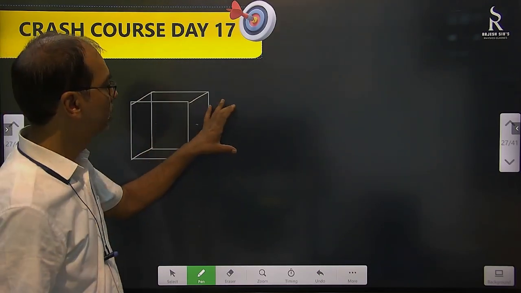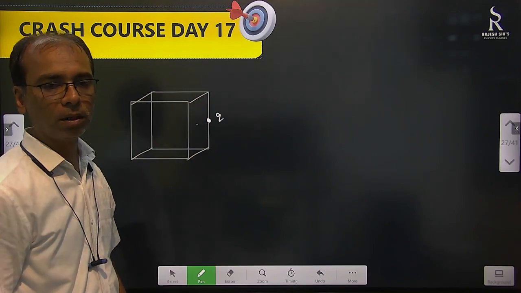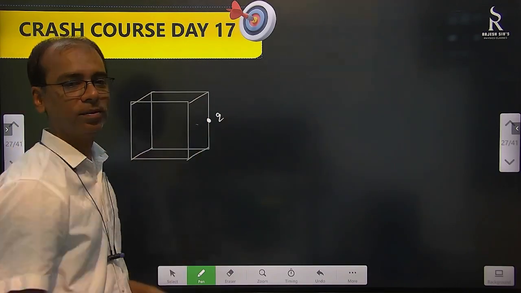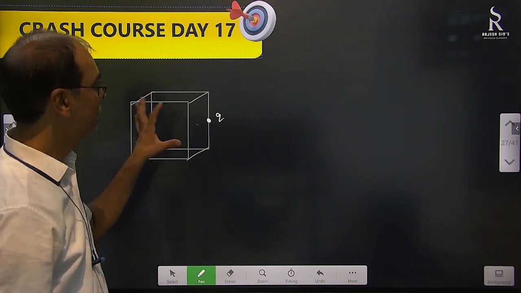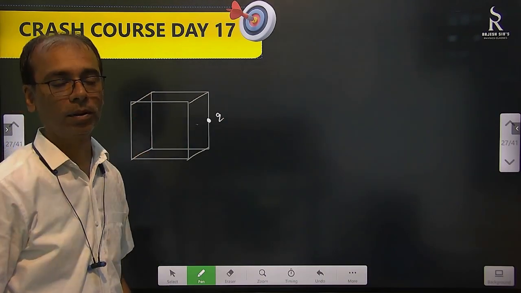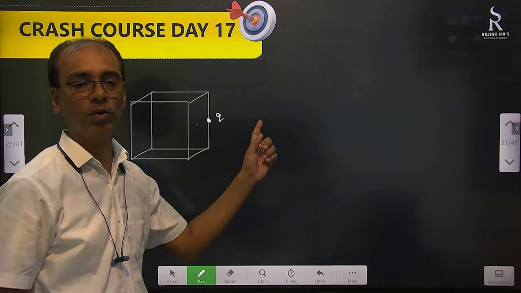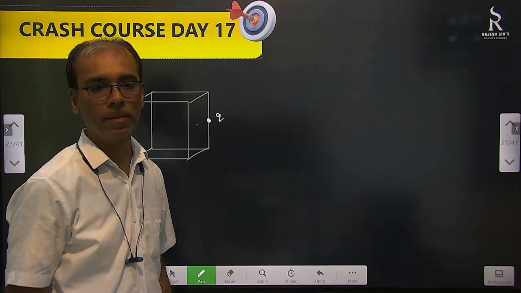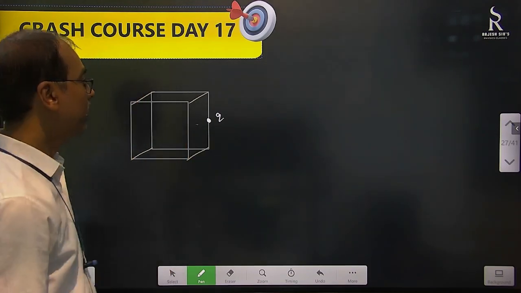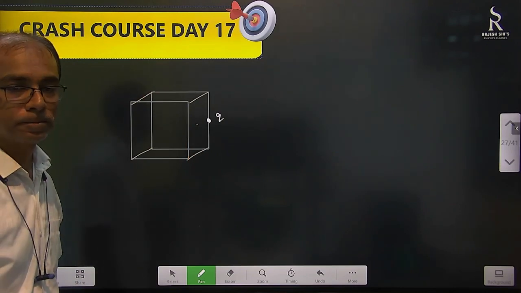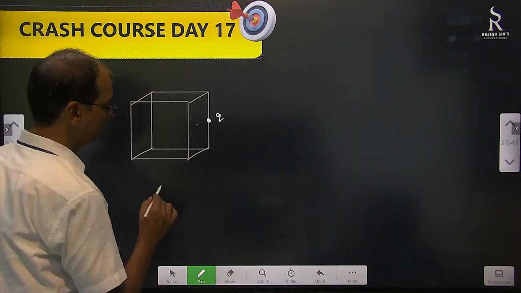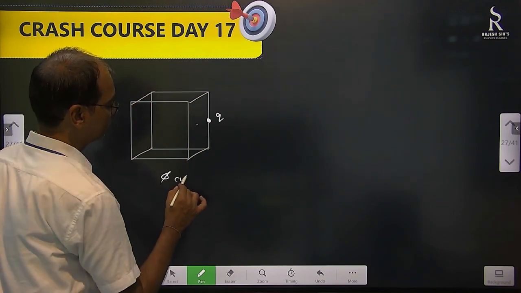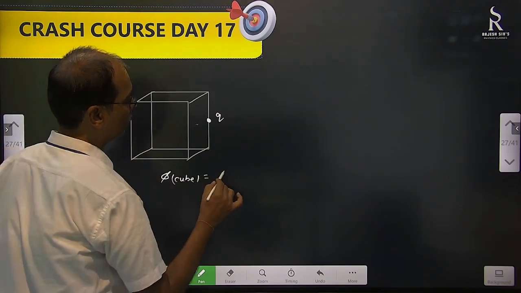We have to keep one cube here, one cube on the backside and one more cube on the other side. So through this one how much will go? Q by 4, because to enclose this you require 4 cubes on all sides. That is the reason why the flux through this cube will be Q by 4 epsilon naught.